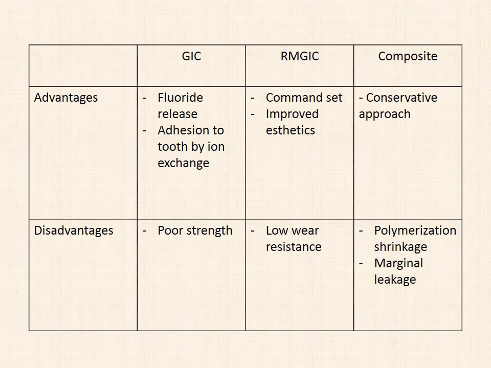The composite is more aesthetically pleasing than GIC and RMGIC, while the GIC has high fluoride release compared to RMGIC and composite. The strength of GIC is poor compared to RMGIC and composite. There is more polymerization shrinkage in composite than GIC.